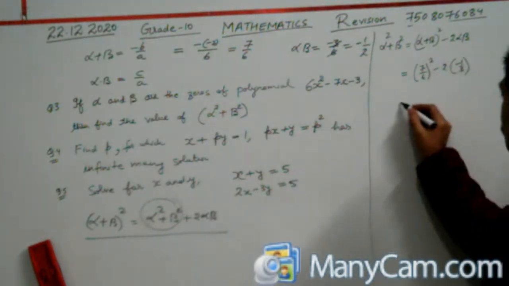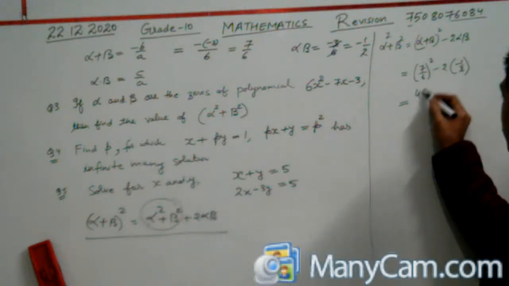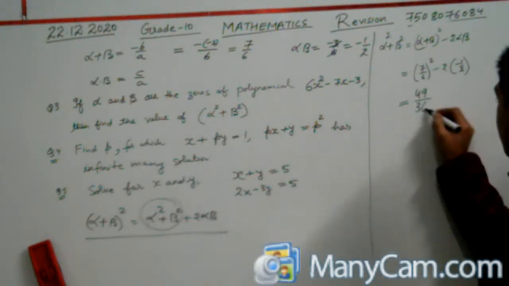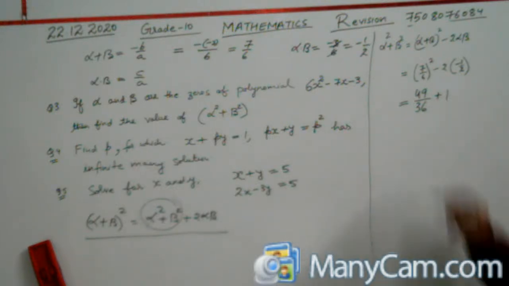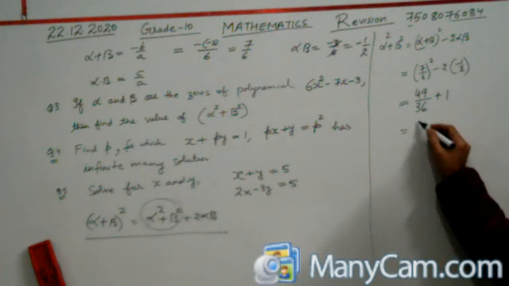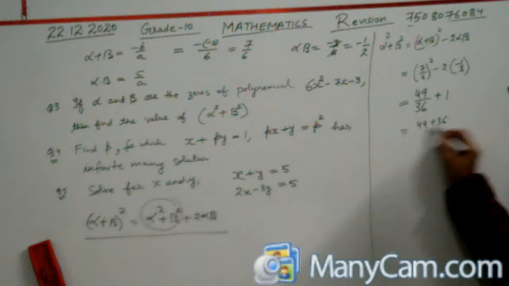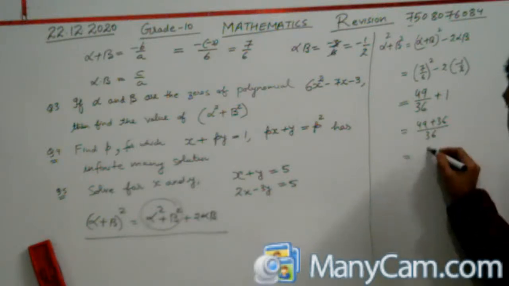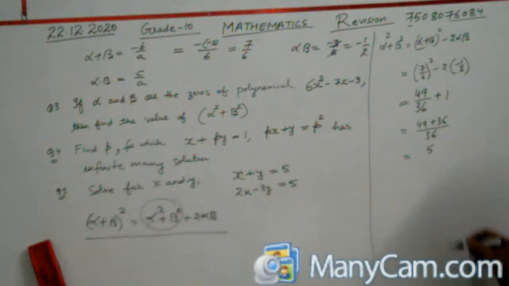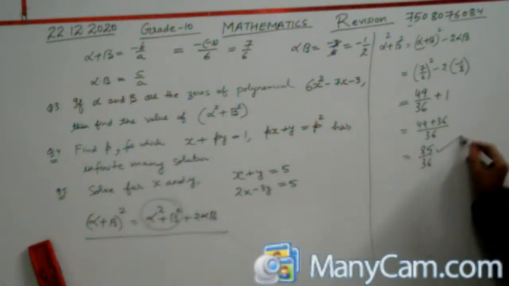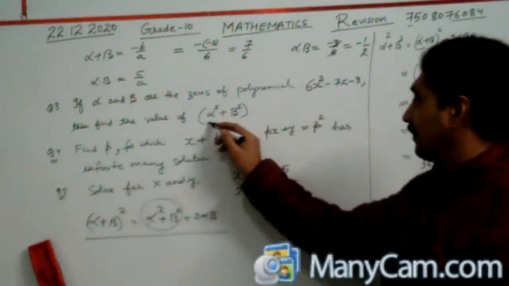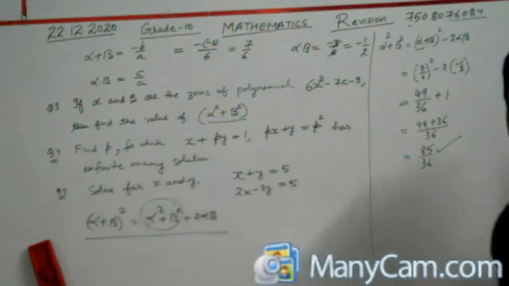This is 49 upon 36 plus 1, so the answer is 49 plus 36 divided by 36, which is 85 upon 36. This is the value of alpha square plus beta square, right?